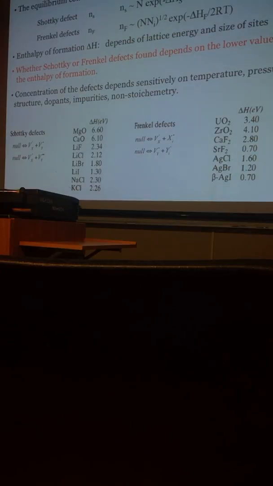Obviously, the higher the temperature, this number increases. The Frenkel defect case is a little more complicated, but it is given this way, so again you can plug in those numbers at a given temperature and find out.